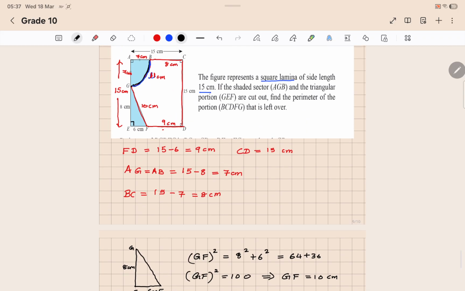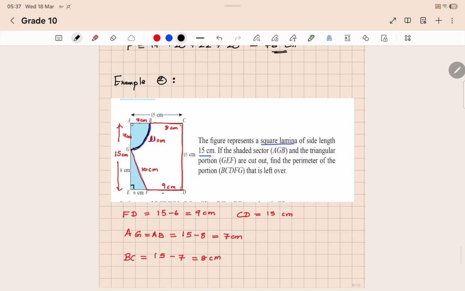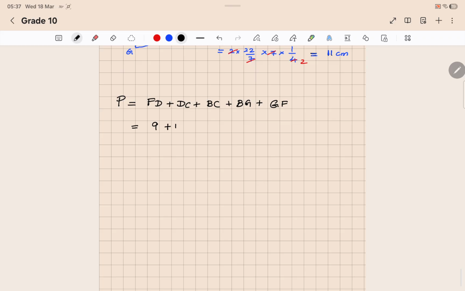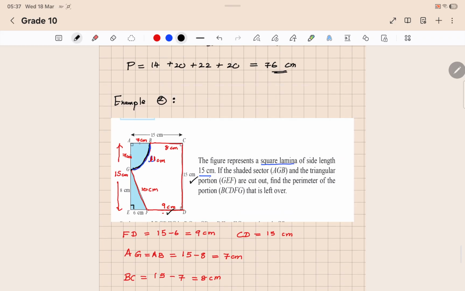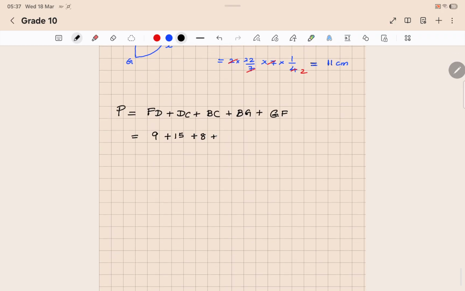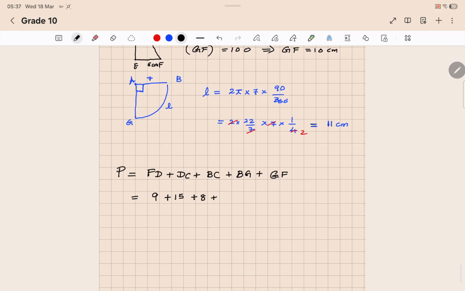So FD is 9 centimeters. DC is 15. BC is 8 centimeters. Then BG 11 and GF 10.